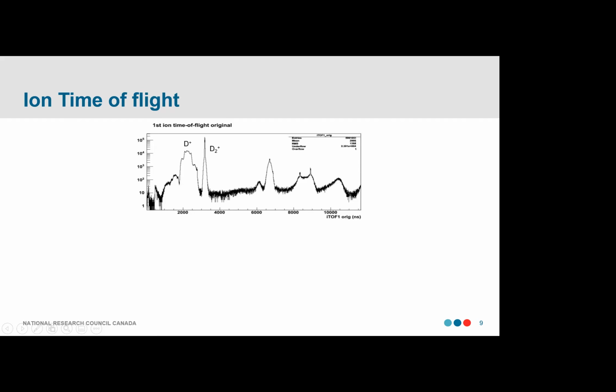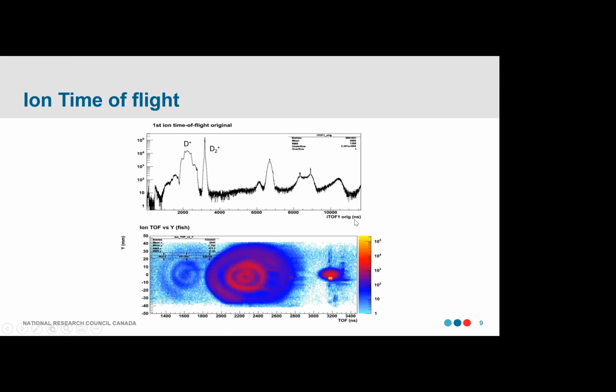And when you look at this in the y direction, we can see a wealth of information again. I've actually just cut it so that it's mostly from about 1,000 time of flight to about 4,000 time of flight this time. And you can see here we have a D2 peak at about 3,200 nanoseconds. And this big peak here is a D plus peak.